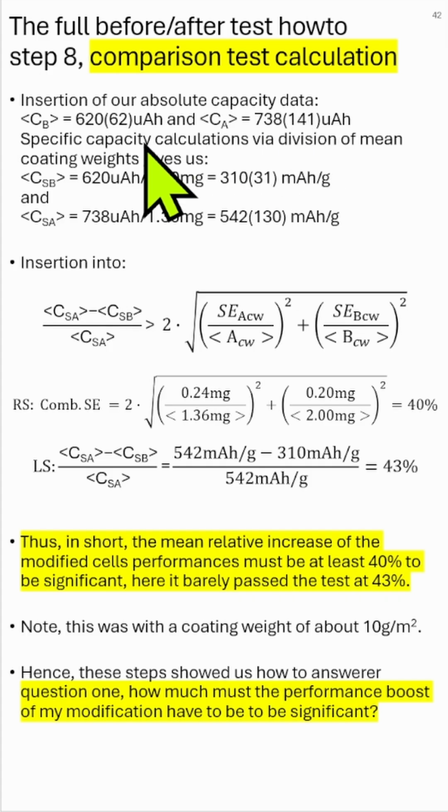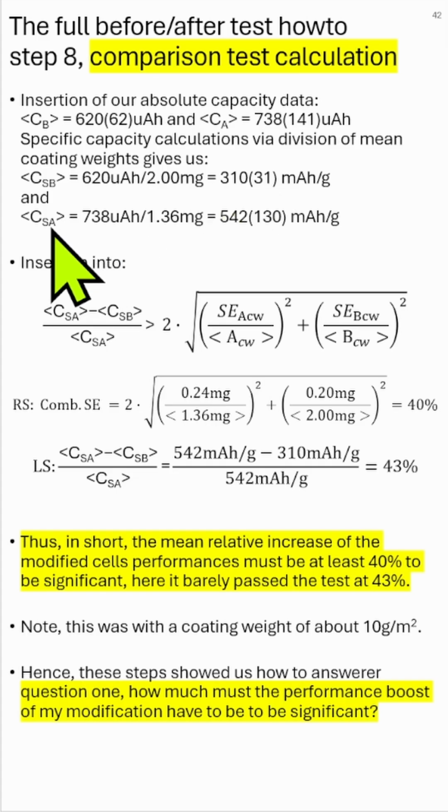We do the specific capacity calculation by division of the mean coating weight. So then we get the specific capacity of before modification of the electrode becomes 620 microampere hours divided by 2 milligram. That gives us 310 milliampere hours per gram, which is the expected theoretical value of that original graphite electrode, with its standard error of 31.